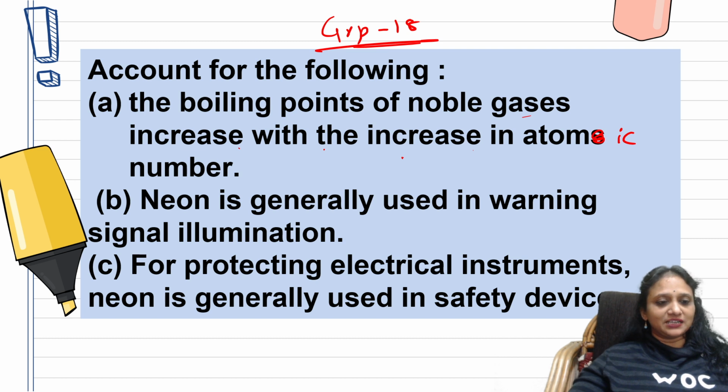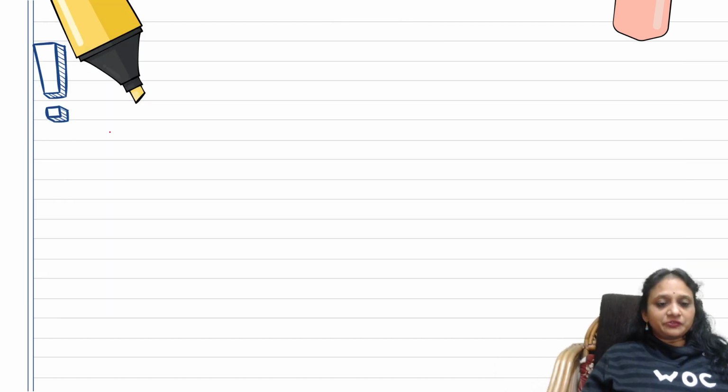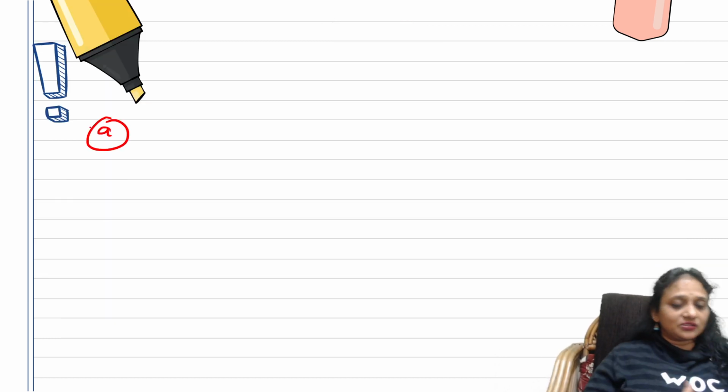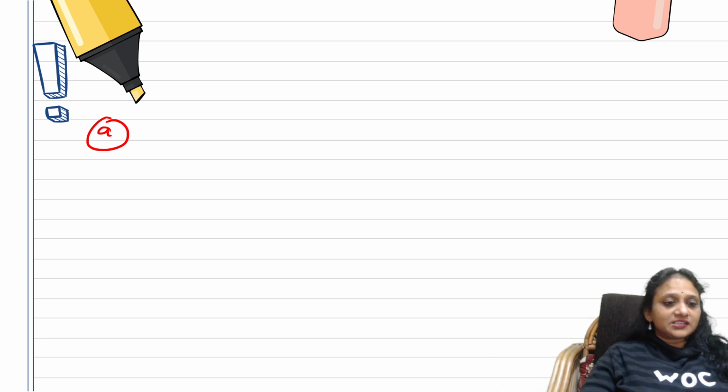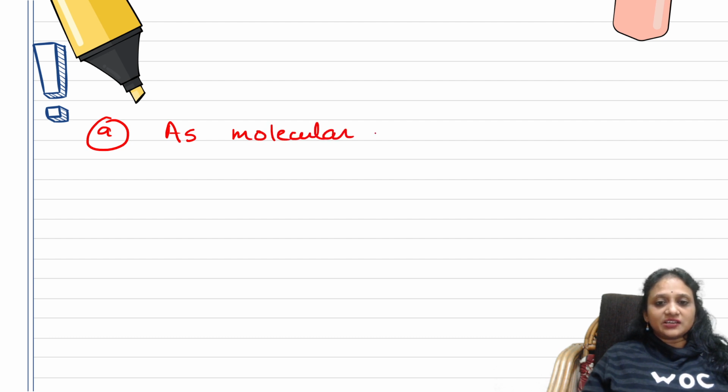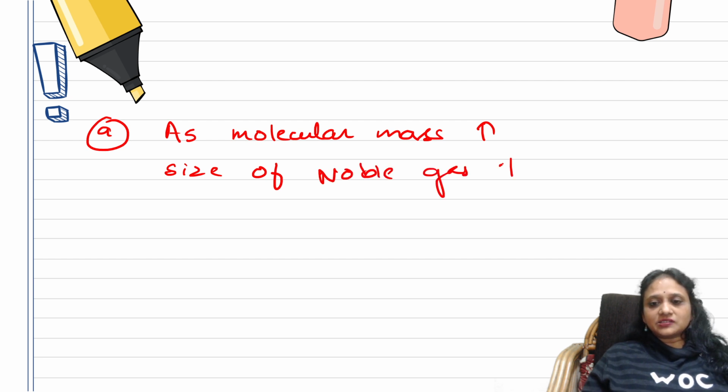Students, simple, understand. For the first one, to reason or account for the following, understand carefully. First, as molecular mass increases, what happens, students? Size of the noble gas atom increases.